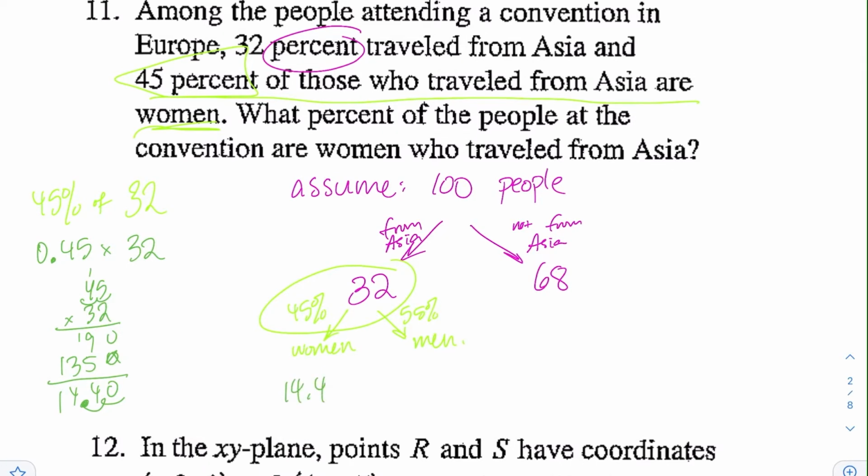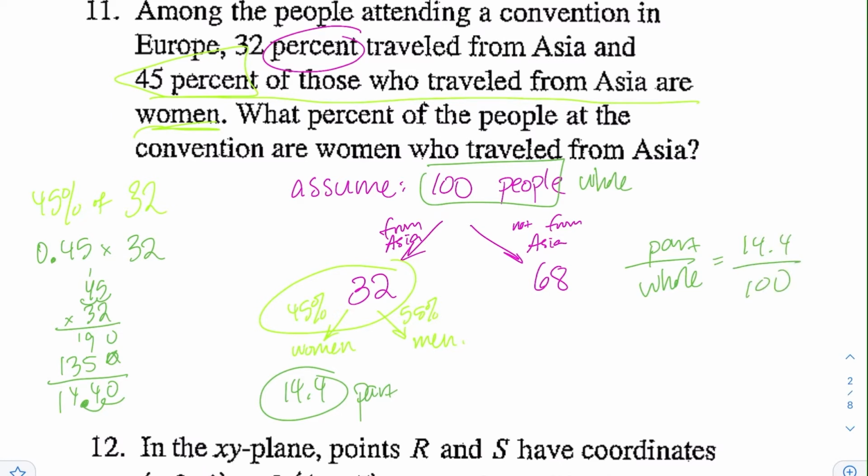So that would be 14.4 out of the total of 100. Because the percent is just part of a whole, so the part is going to be the women who travel from Asia. That's 14.4 over 100. So that's going to be 0.144.